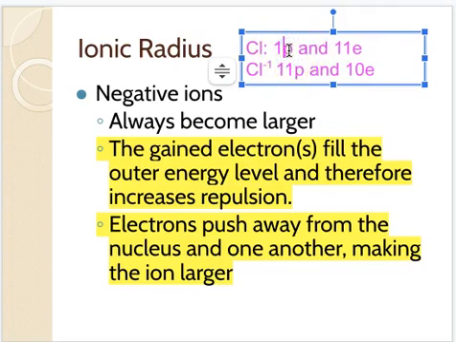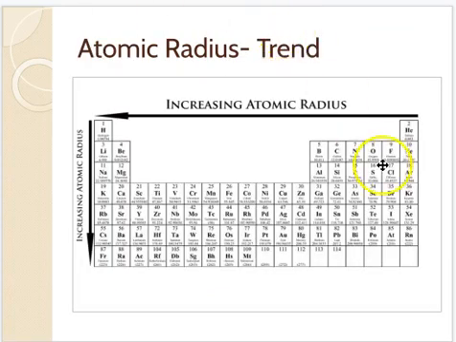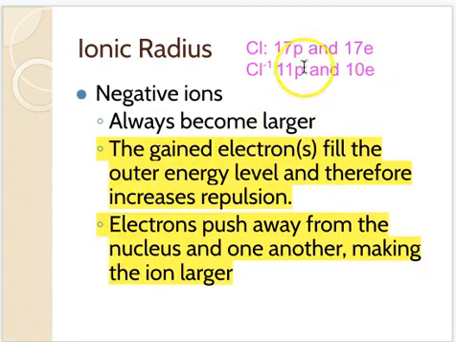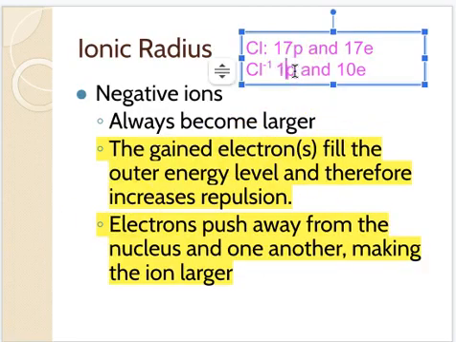Chlorine, we said, had 17 protons and 17 electrons. Chlorine has these 7 valence electrons here, and so chlorine tends to gain 1. If I gain 1 electron, I'm now going to have 17 protons and 18 electrons. That gives me my -1 charge.